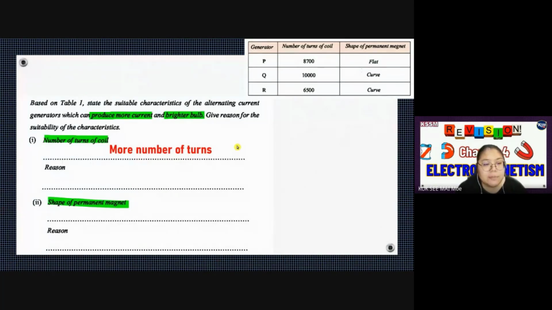More number of turns means when they're cutting, when the flux is cutting, they can produce more. So we just answer increase the rate of cutting magnetic flux. When you say the number of turns is more, that means the cutting of flux should be more frequent. They cut more flux with the number of turns.